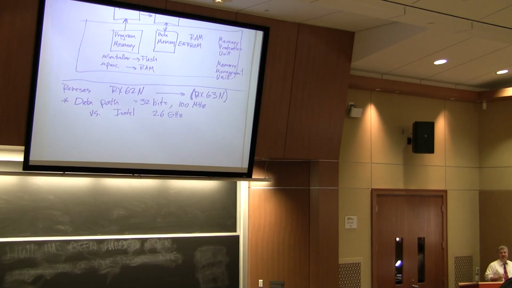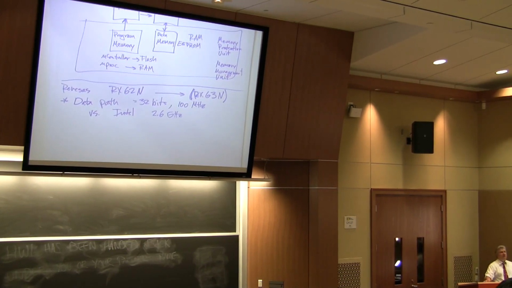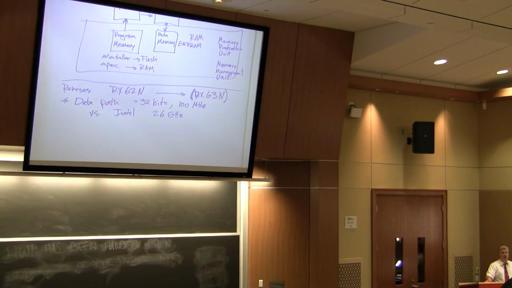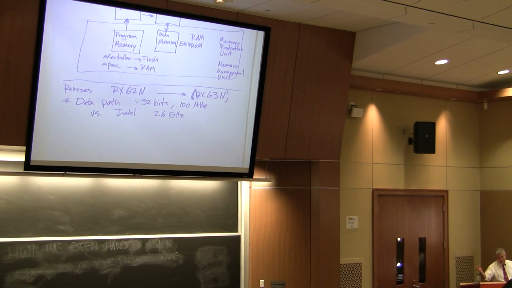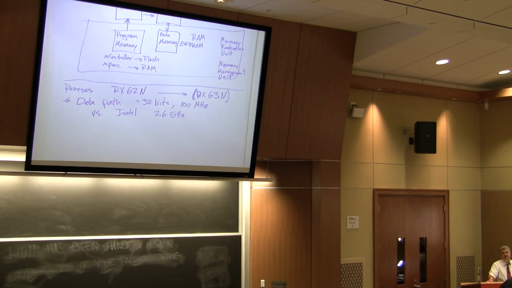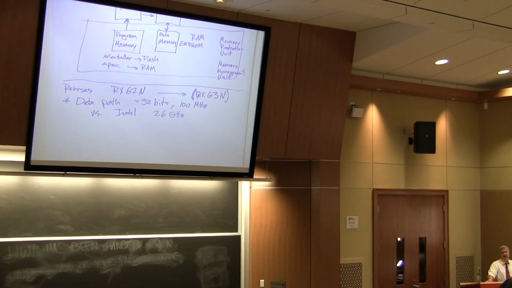If it's less than that, if it's toys that cost maybe $10, then you'll have less functionality, and you'll go with a small little 8-bit processor that maybe runs at 4 to 20 megahertz and costs 50 cents each.